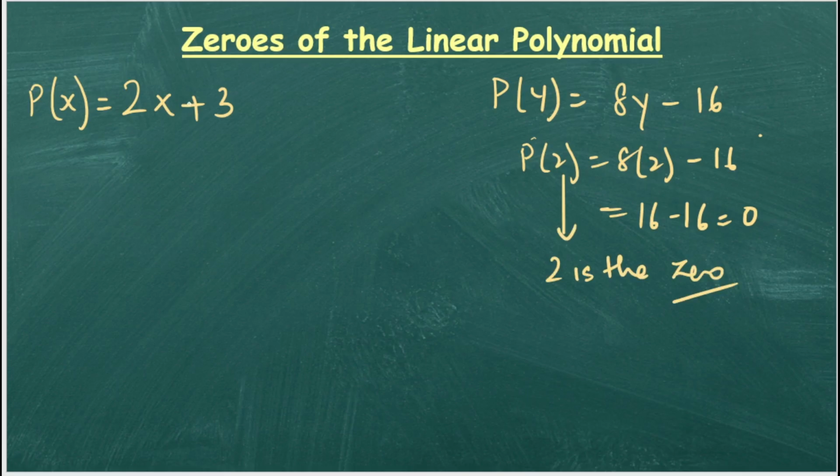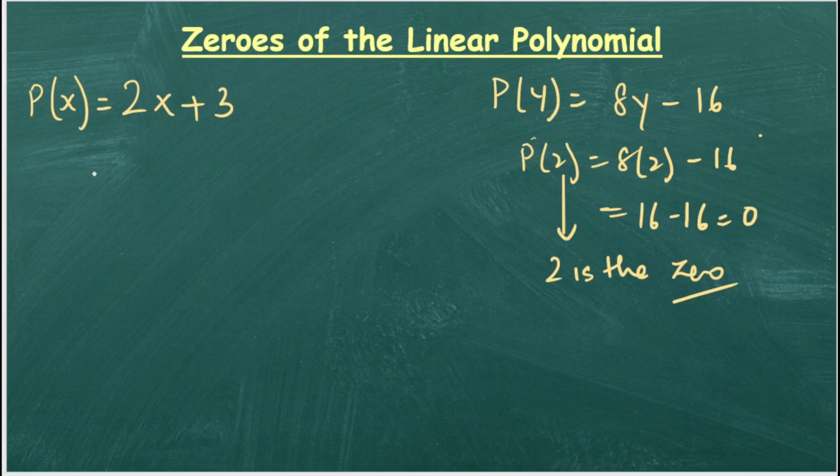In this one, can you figure out what would be my value of x, which when put in this polynomial gives me the answer as 0? Means basically I need to find the zero of this polynomial. Now it's a guesswork. If you can guess it, very good. If we cannot, then we have a method.